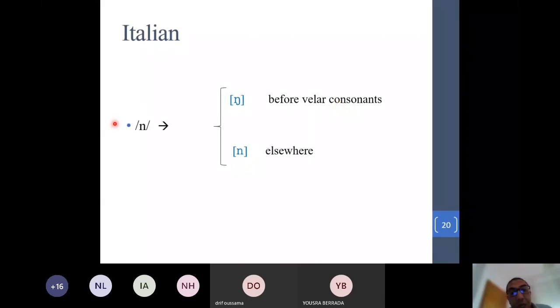The n changes its place of articulation. It becomes articulated farther back in the vocal tract in order to make the pronunciation easier when it occurs in the vicinity of velar sounds. So this is place assimilation. Now another data set from Spanish.